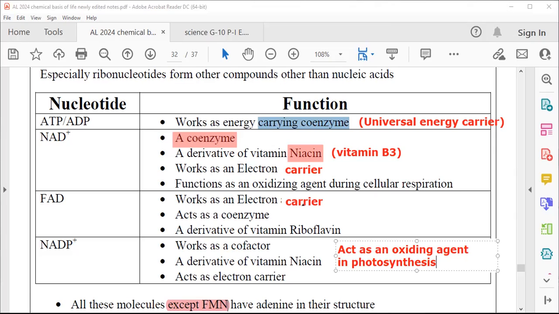Who is the oxidizing agent in cellular respiration? NAD plus. Who is the one in photosynthesis? NADP plus.